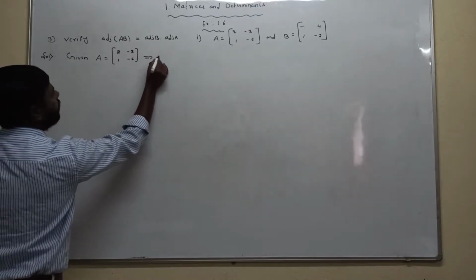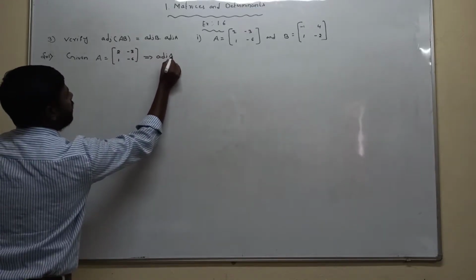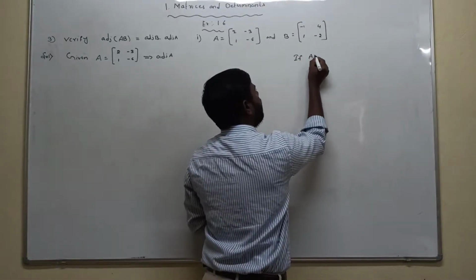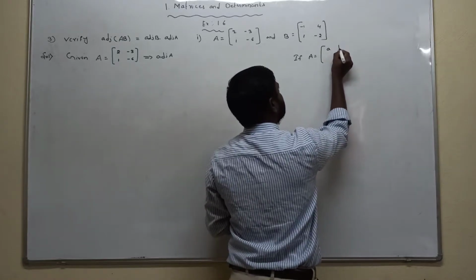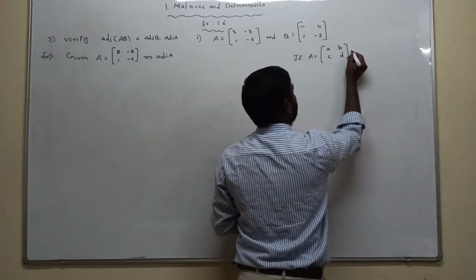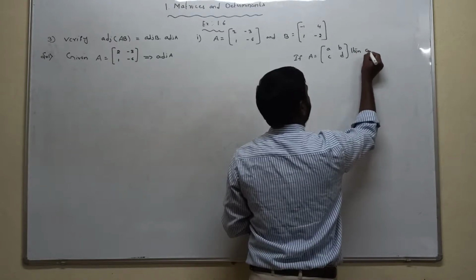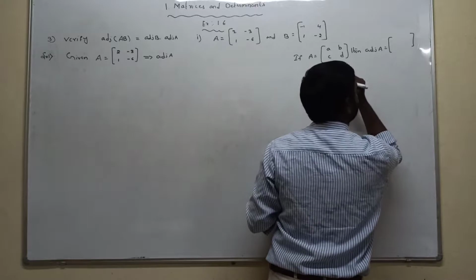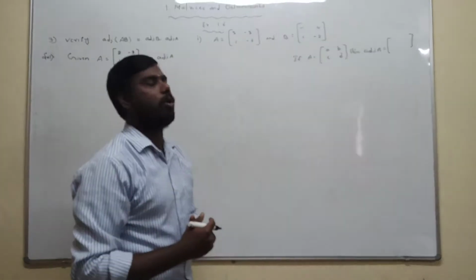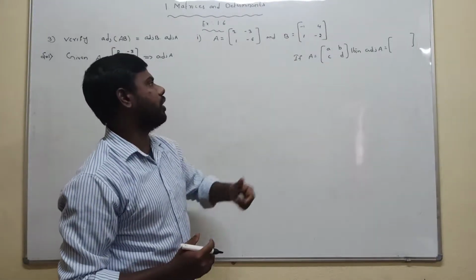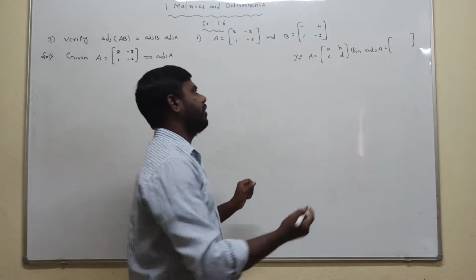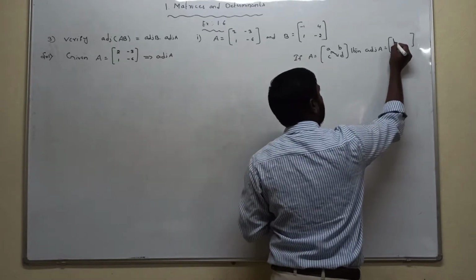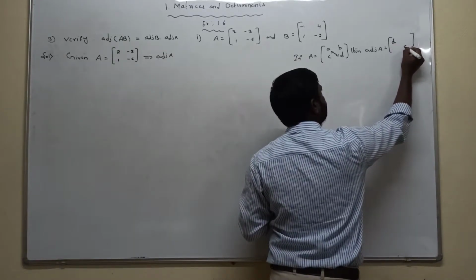What is the adjoint of A, dear students? See the formula. If capital A is the given square matrix [a, b; c, d], then the adjoint of A, without using the transpose of the cofactor matrix, is found as follows: these two elements are interchanged, a replaced with d and d replaced with a.